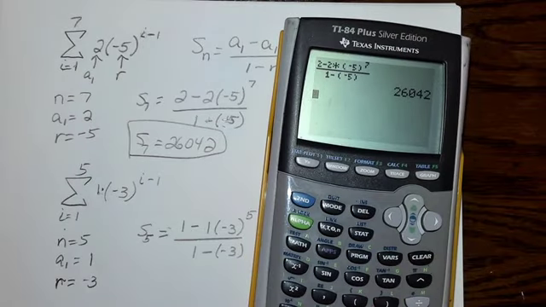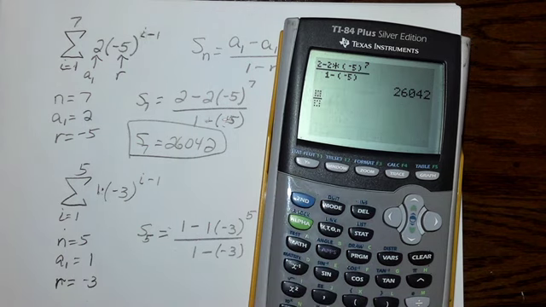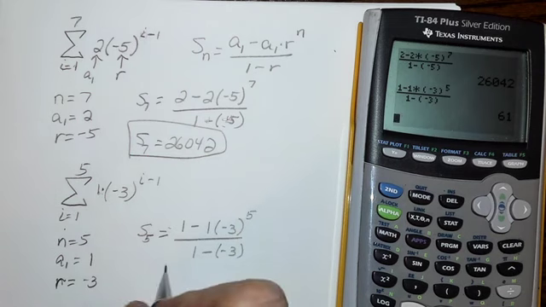And so then we just go alpha y equals fraction 1 minus 1 times parenthesis negative 3 raised to the 5th, and all of that's over 1 minus parenthesis negative 3. And the answer is 61.